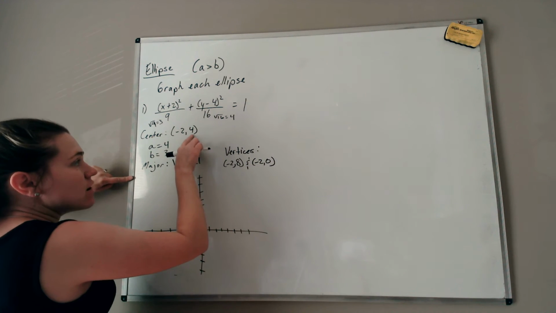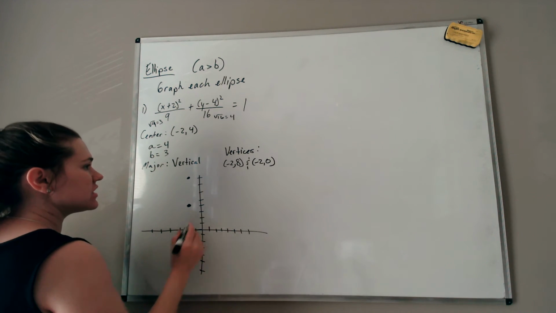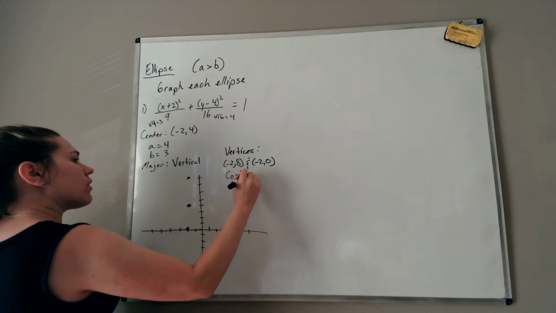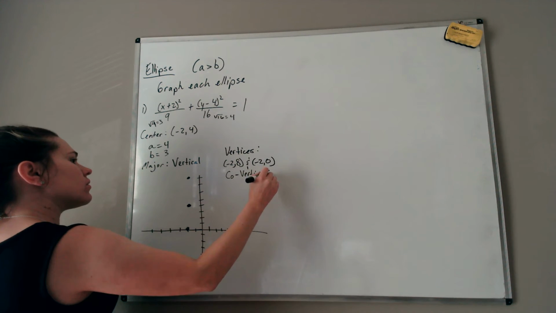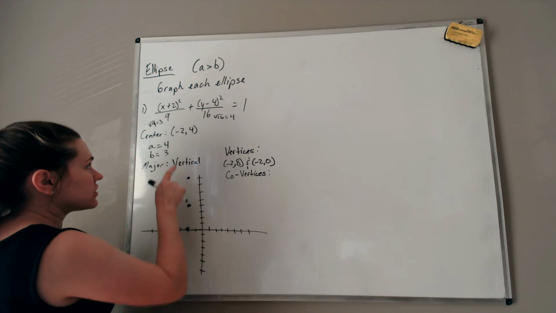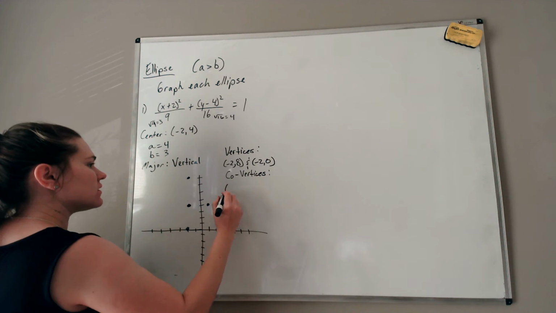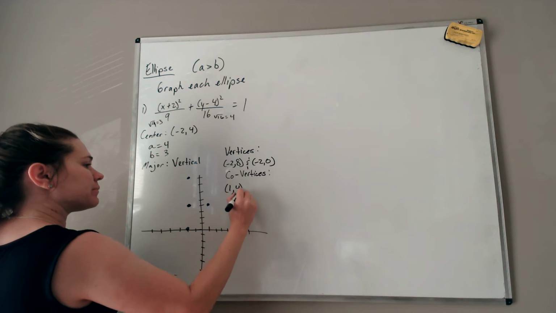I had to add A and subtract A. Now your covertices fall horizontally with the center because the minor axis is the horizontal axis. So I go to the right 3: 1, 2, 3. That's the point 1, 4.